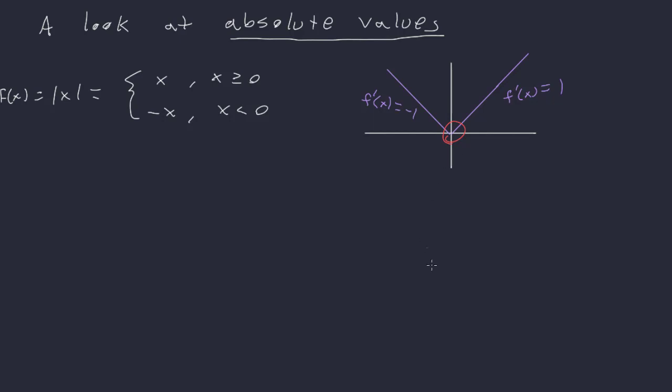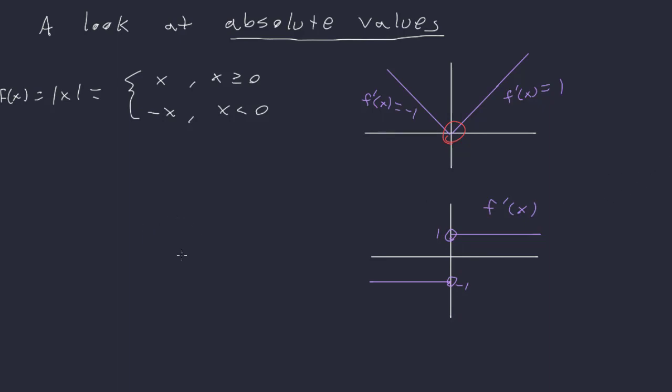So the derivative function ended up being 1 on the positive side, negative 1 on the negative side, and it would have a hole here if we were looking at f prime. That's because the limit just doesn't exist.